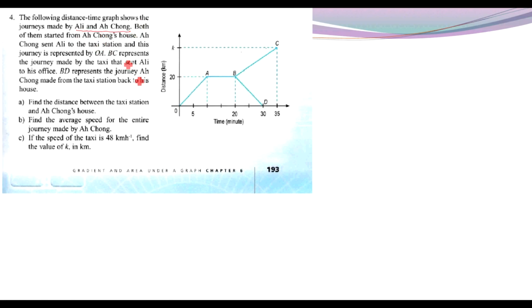So Ali and Ah Chong are moving here. Both of them start from Ah Chong's house. You see that this graph starts here, right? So that means here, 0 kilometer, represents Ah Chong's house.